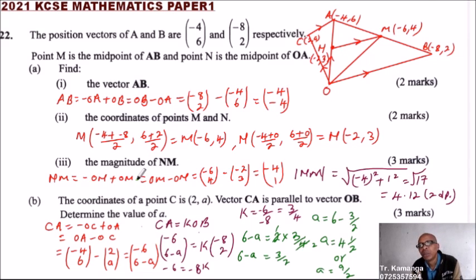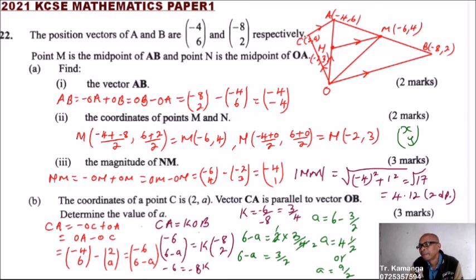You also learned in form 2 how to get the magnitude of a vector: if a vector is x, y, the magnitude is the square root of x squared plus y squared.